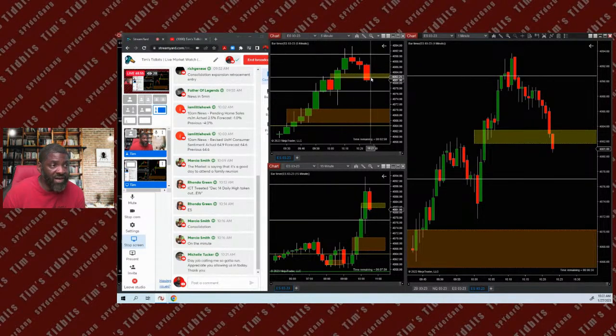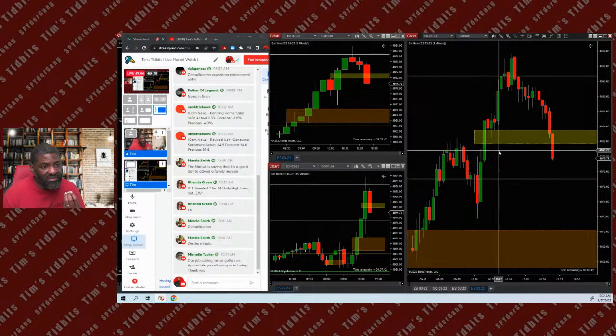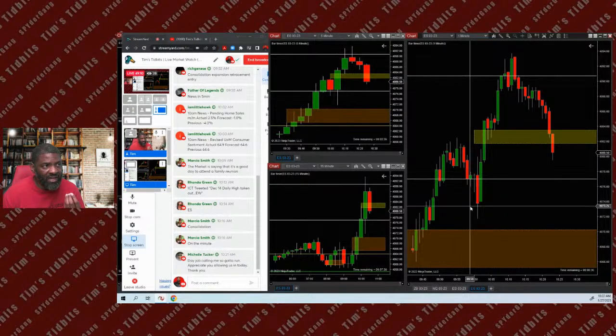So now we're at a 5-minute fair value gap, a 5-minute order block. If these discount PD arrays start relenting, then we're at that volume imbalance right there. That volume imbalance is pretty much close to the mean threshold of this 5-minute.